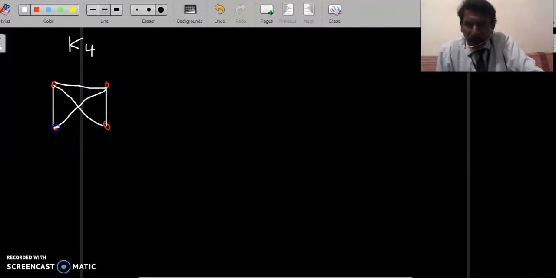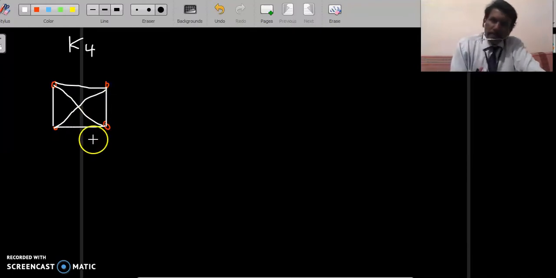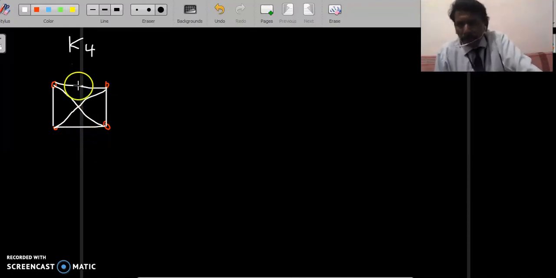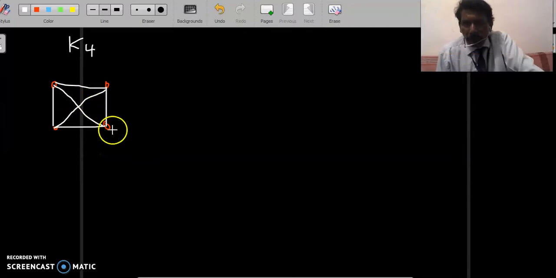Then it is called a K4 complete graph, because we have edges between all of them. Although it looks like it is intersecting here, it is not intersecting. That is what you have to understand. This is called a planar graph.